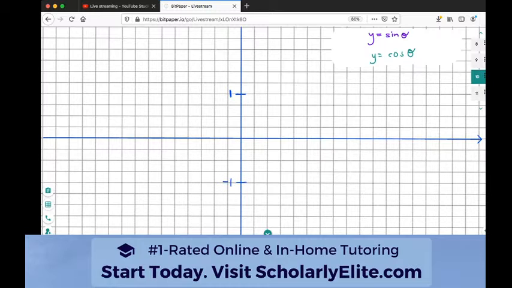Okay. So, if you recall from last year, we know that every periodic function has a period, which means that it has a certain amount of time that it elapses over before it repeats itself. If you know the unit circle, you know the period of sine is 2 pi, because that's what it gets to eventually, right?